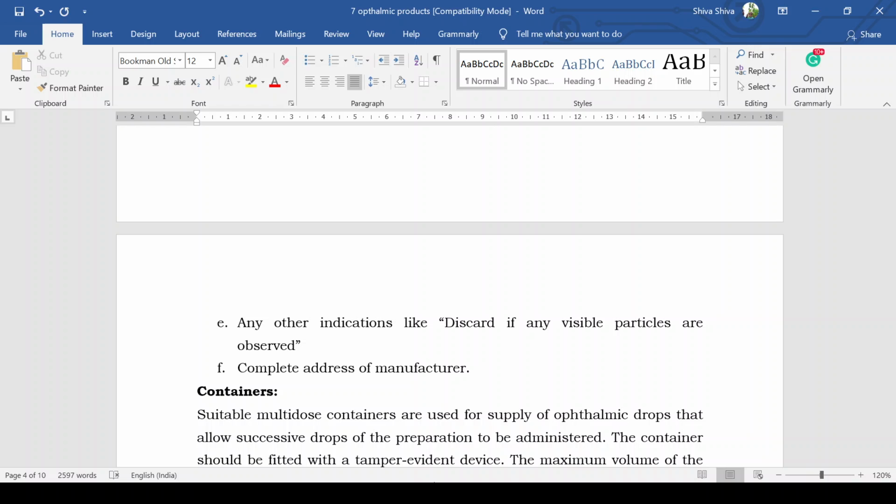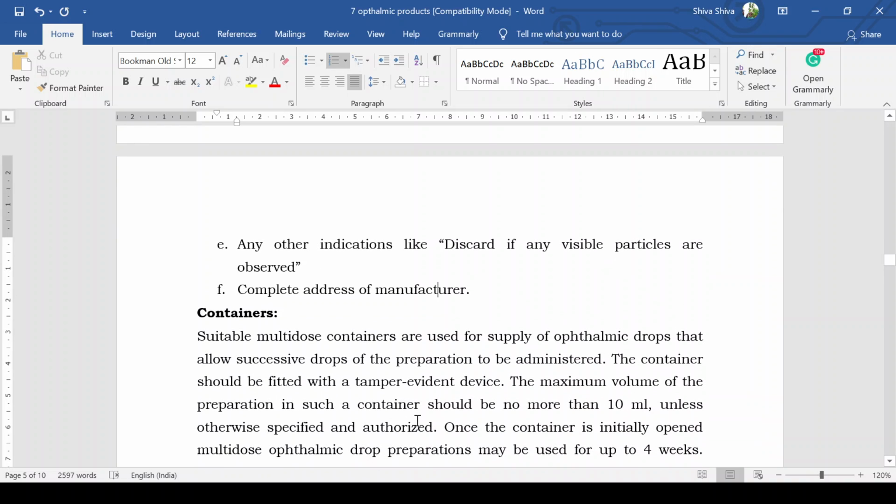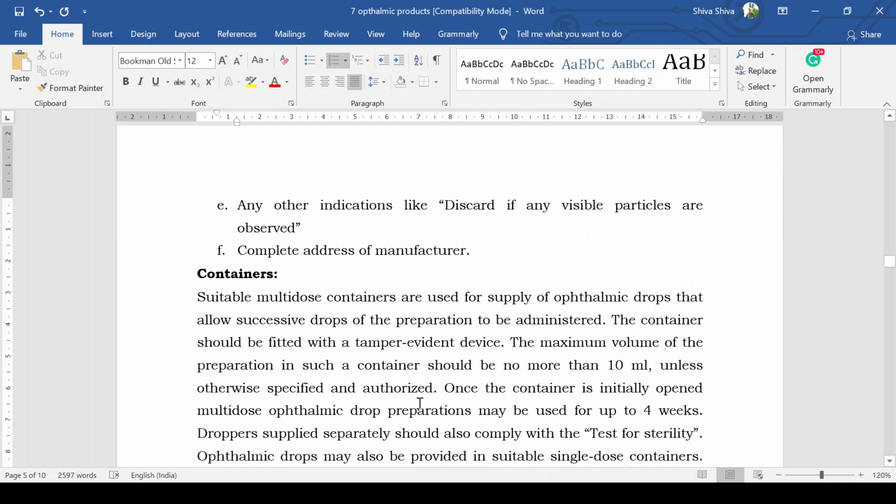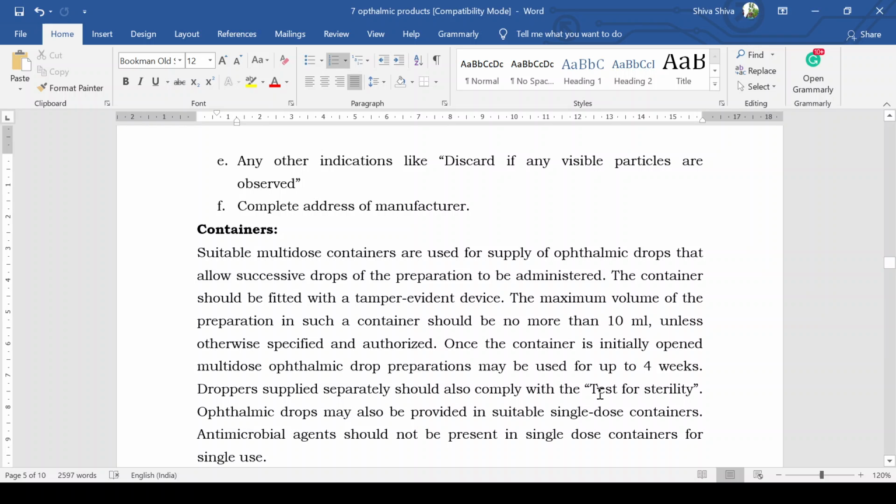Then the containers which are used for the packaging of eye preparations. Suitable multi-dose containers are generally used. These allow successive drops of the preparation to be administered.